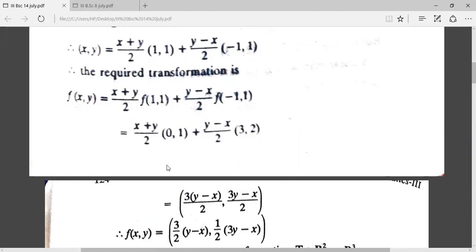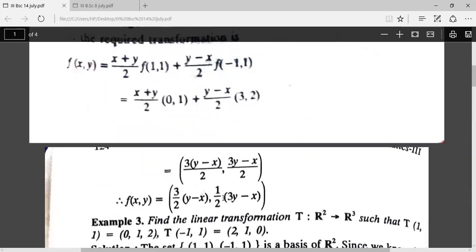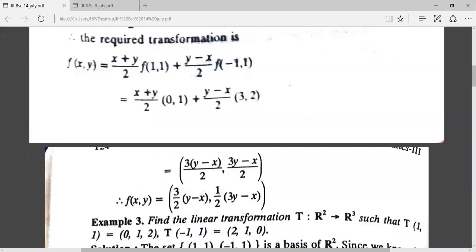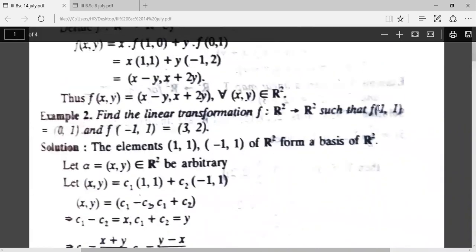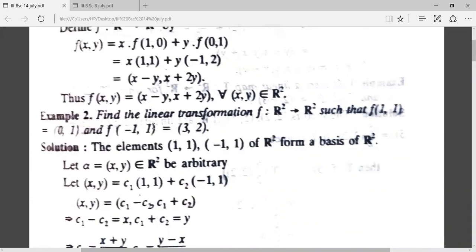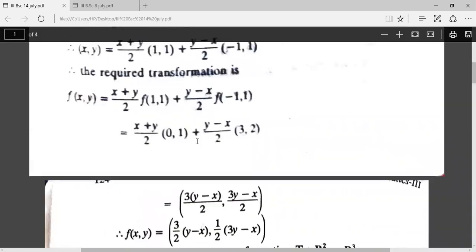Second component addition is (x plus y) divided by 2 plus 2 into (y minus x) divided by 2. So what we will get is 1 by 2 into (3y minus x) here and here 3 by 2 into (y minus x). This is the required linear transformation from R2 to R2 such that the mapping is defined by f(1, 1) is (0, 1) and f(-1, 1) is (3, 2).